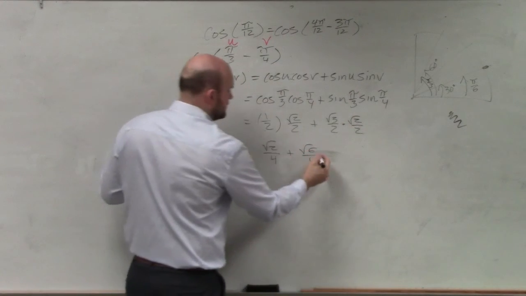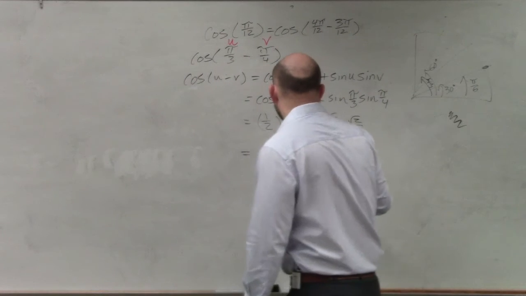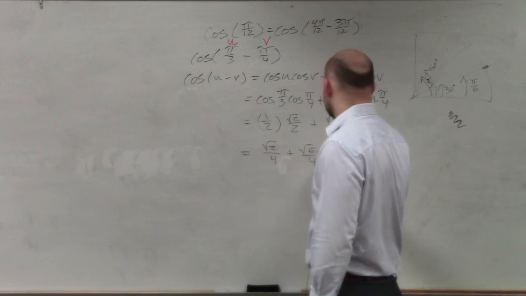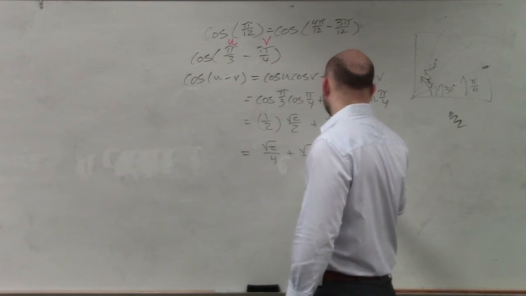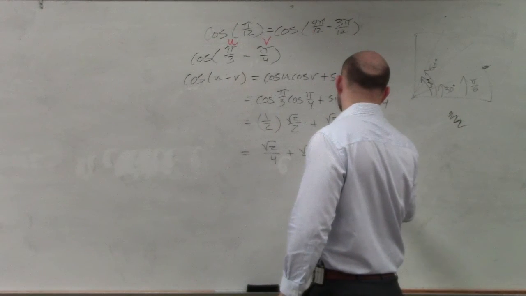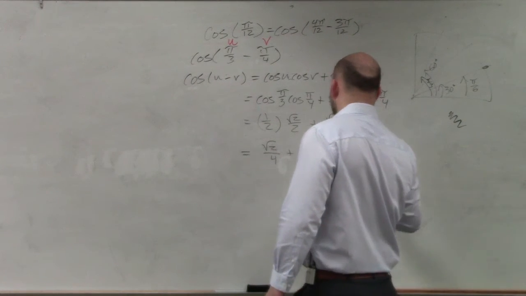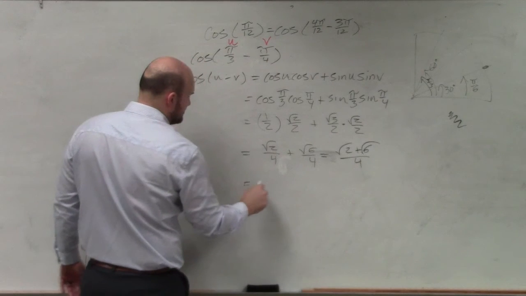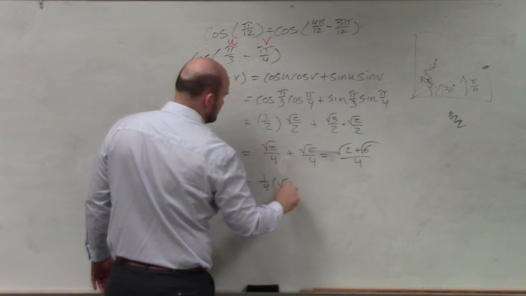You can leave it like that, or you can factor. Actually, there's a couple different ways. You could also group these together, square root of 2 plus square root of 6, over 4. You might also see some people factor out a 1/4.